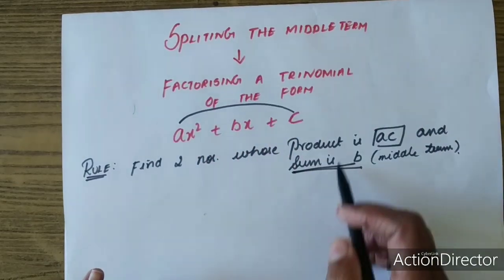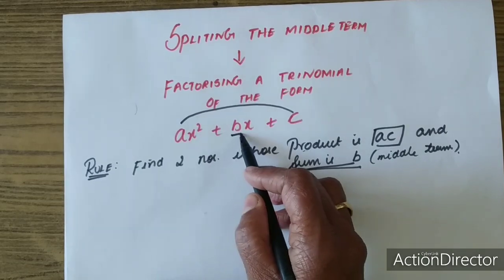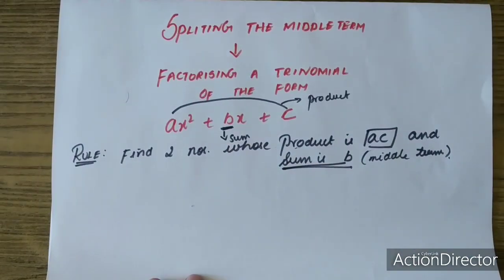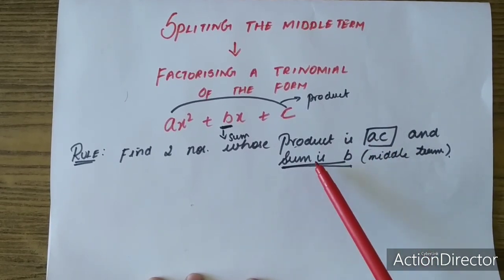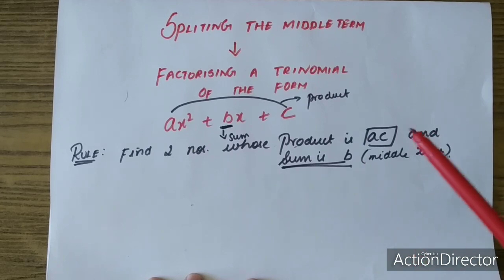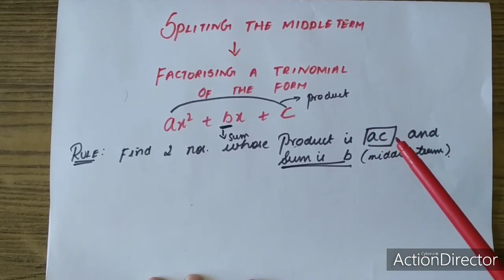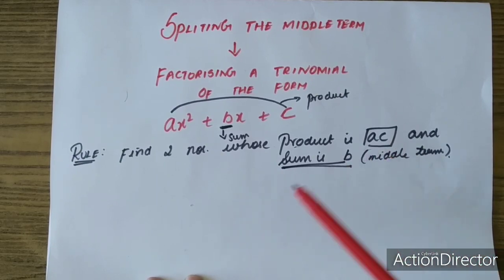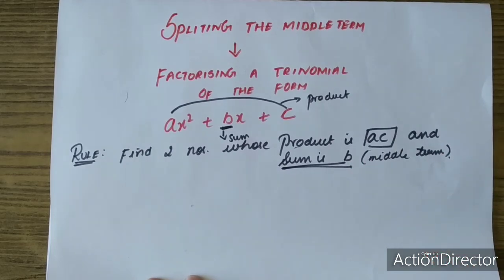When we multiply, we will get the product AC, and the middle term B you call the sum. So after finding the product AC and identifying the sum B, we will be writing the factors of the product. And according to the factors of the product, we will choose two factors such that their sum is equal to B. So let us see with an example.